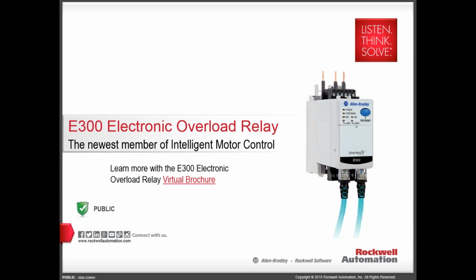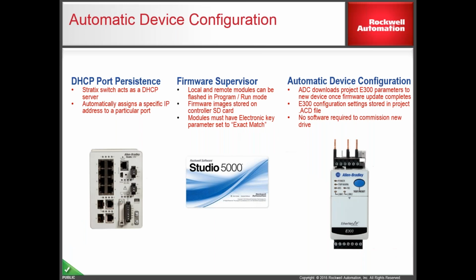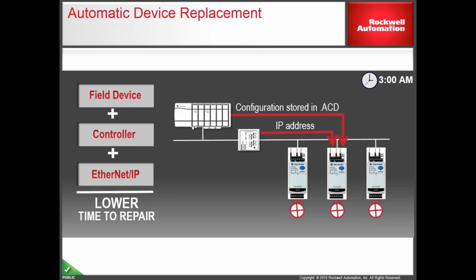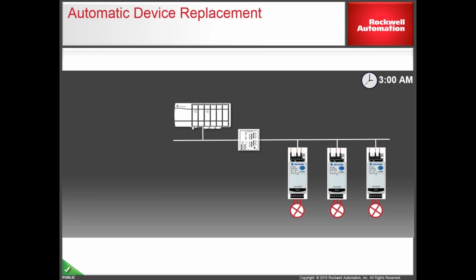Okay, thank you. You have to be plugged into a Stratix switch for automatic device recovery? For the ADC, no. That's going to be handled by the processor. If this was out of the equation, you're still connected over Ethernet to the Logix processor, and that'll download the configuration.